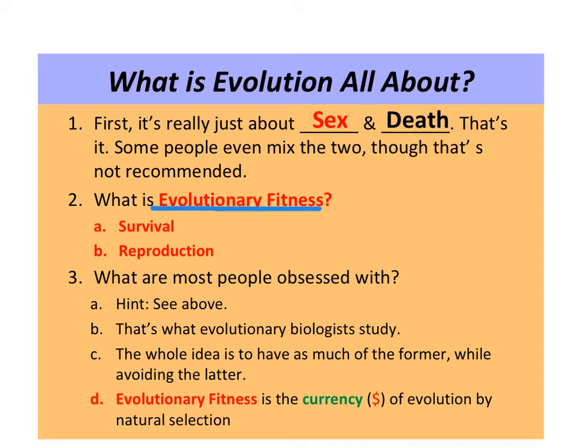Okay? And evolutionary fitness is composed of two parts that act together. You have to survive long enough to reproduce and reproduce successfully. In other words, hopefully lots of offspring, and lots of offspring with the traits that allow them to survive and reproduce successfully.